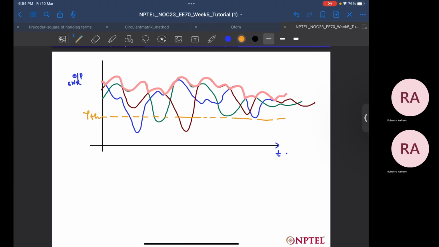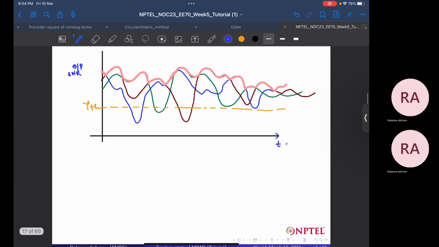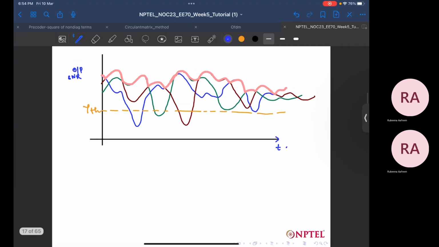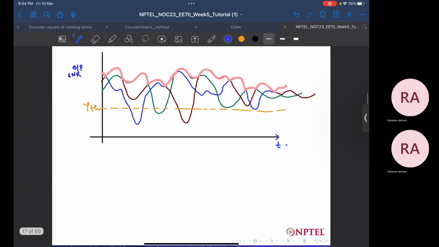So now the outage probability will be very less. You can see from here that the outage probability is very less. In fact, if you take three antennas, then the outage probability is negligible. There will be no outage. So from here we can see that it is very beneficial. Some pros and cons we will discuss now.